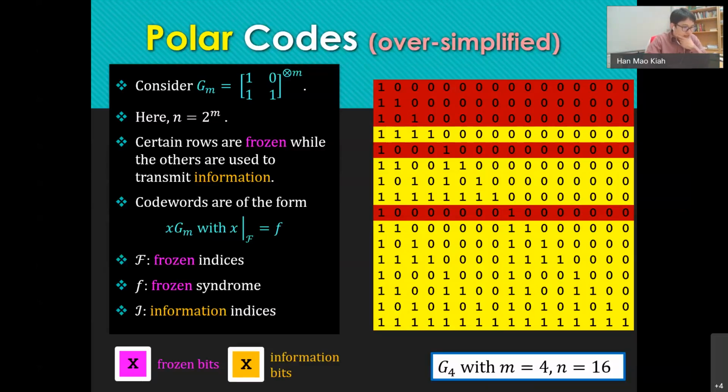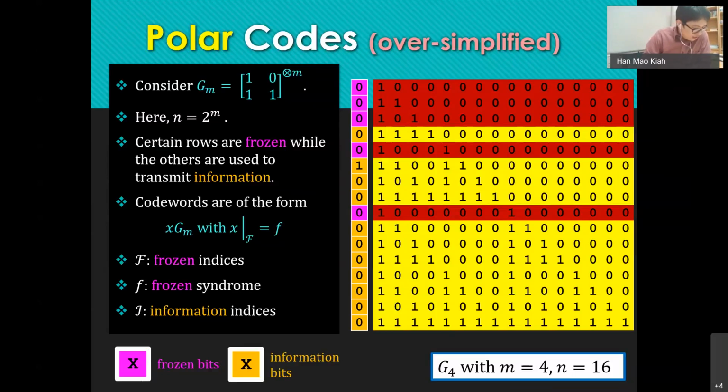Now, I also colored certain rows of G_m red and the other rows yellow. The red rows are known as the frozen rows, while the yellow rows are used to carry information. And here is how we obtain polar codewords. Our codewords will essentially be linear combinations of rows of G_m, where the coefficients are obtained from this column over here.